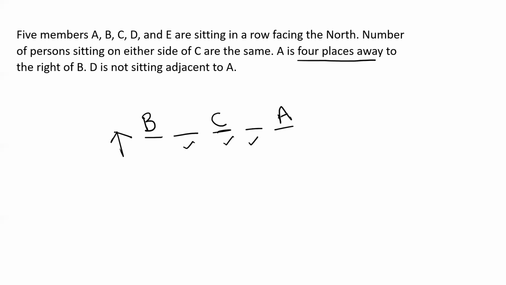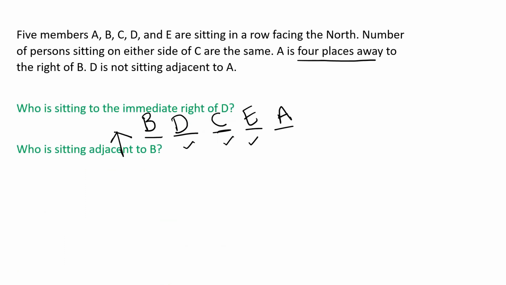So the last one should be A now. The next one says that D is not sitting adjacent to A. So D is not allowed to sit next to A. So this person should be D now, and you are left with only one person. It's E. This is the final arrangement.